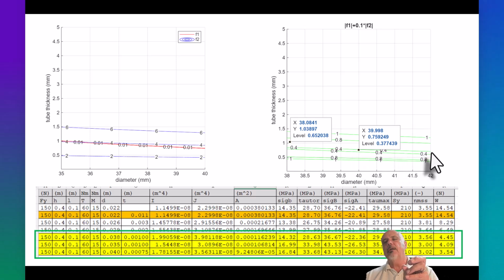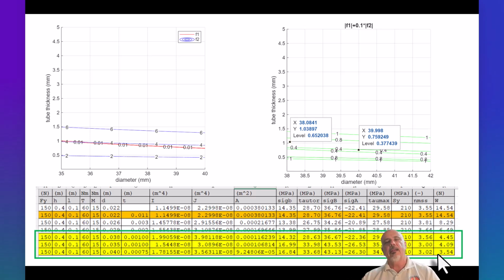I'm just riding this valley here. I could keep going. I could go to 42, and the thickness would probably be around a half of a millimeter, so I could get the weight down even more and keep that factor of safety right at 3.